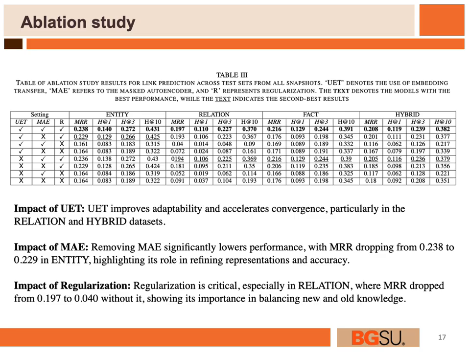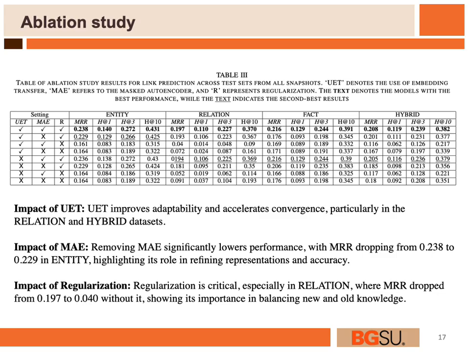In our ablation study, represented in this table, we explored the effects of using embedding transfer, masked autoencoding, and regularization on the performance of link prediction across 4 datasets. We summarize the impact of each component.